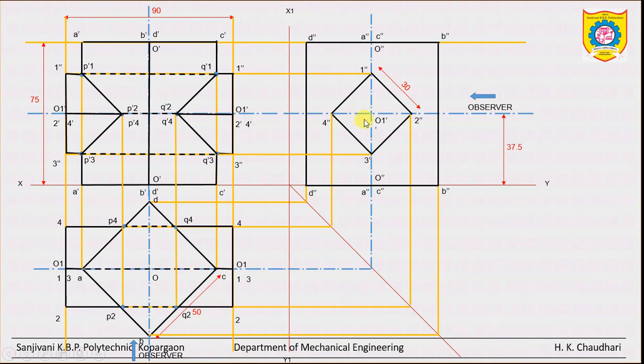Okay, so the edge we have to draw thick here up to here only, and from bottom up to point number 3. Clear? So the side view also is completed.